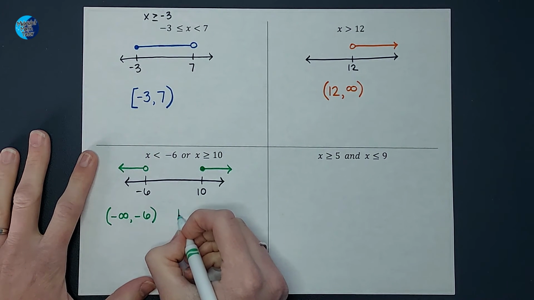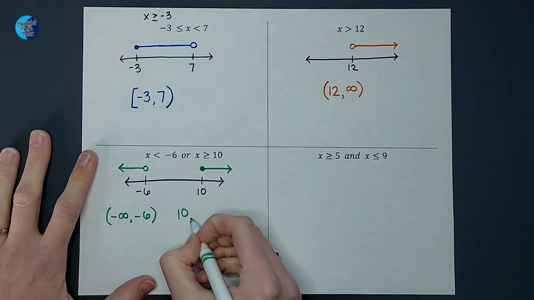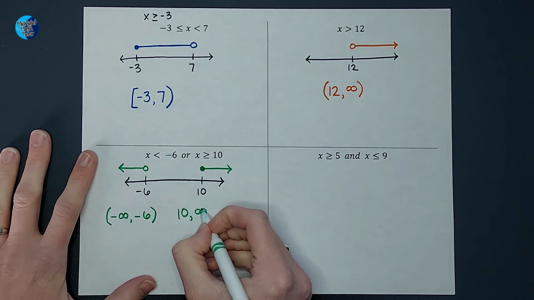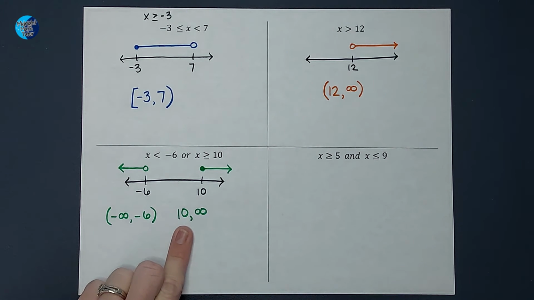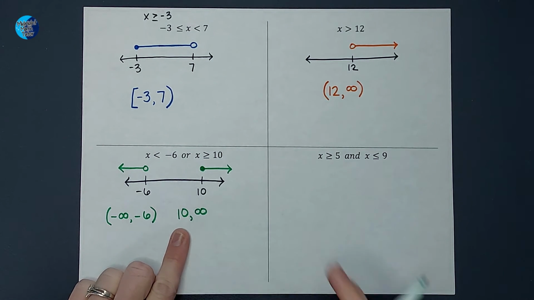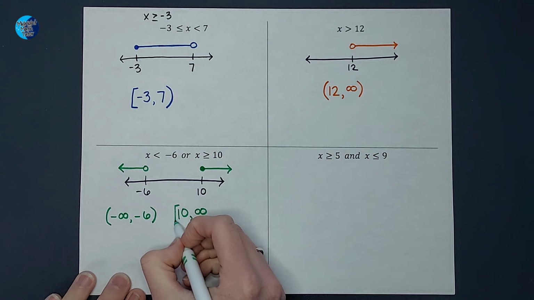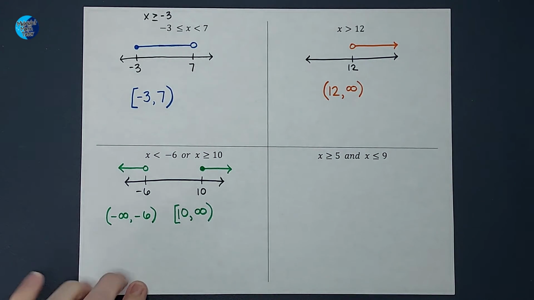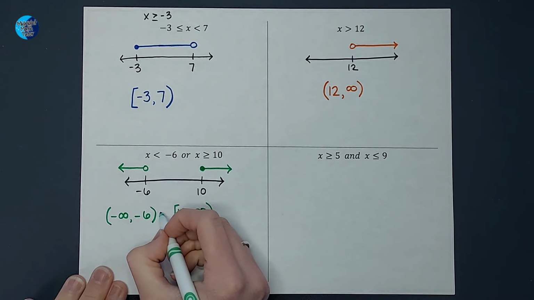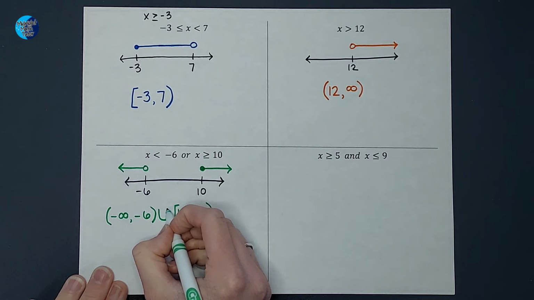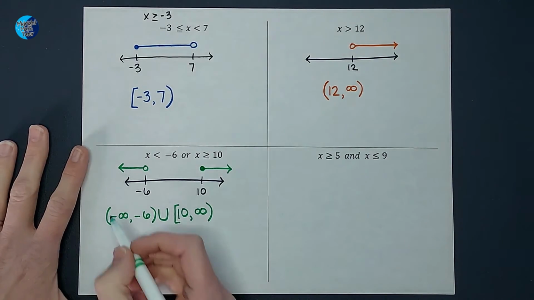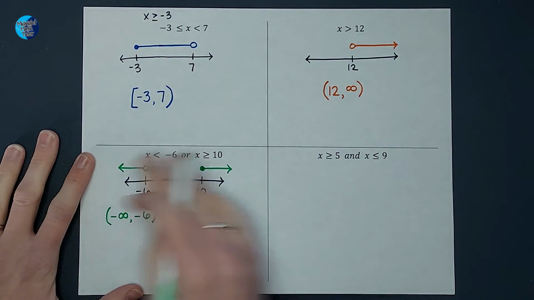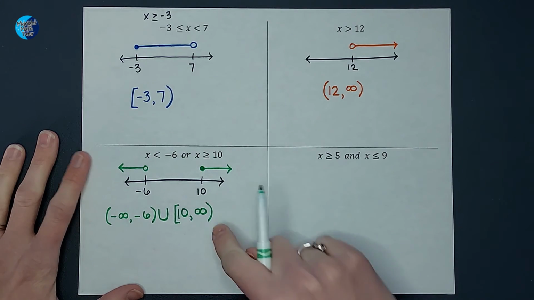So I also go from 10 all the way up. It keeps going forever, all the way to infinity. Now, parenthesis or bracket, it can be 10 because of that equal to. So I'm going to use a bracket. And infinity always gets a parenthesis. Now, we do like to put a little u in here that means union. So it's telling you it can be this or this. So that is this in interval notation.